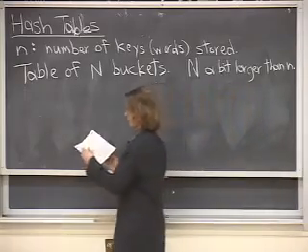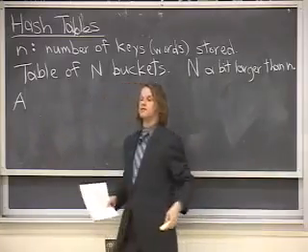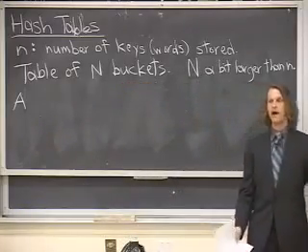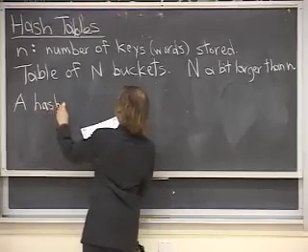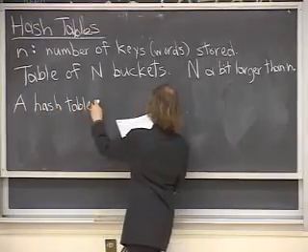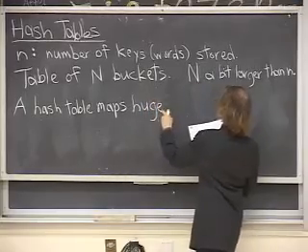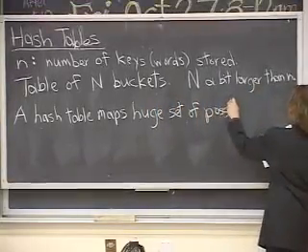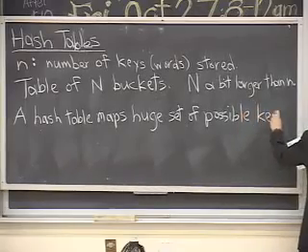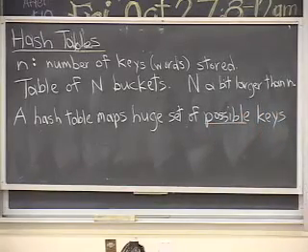So what we've got to do now is compress all these things so that we can store them in a much smaller table than 26 to the 45th power. So what a hash table does is it maps a huge set of possible keys. By possible keys, I mean every possible permutation of letters.